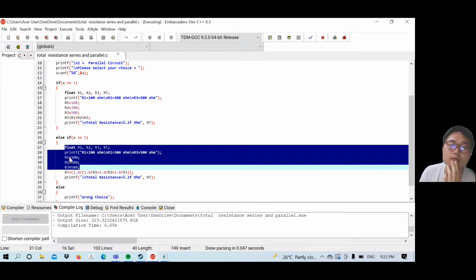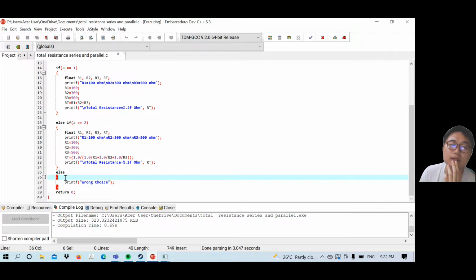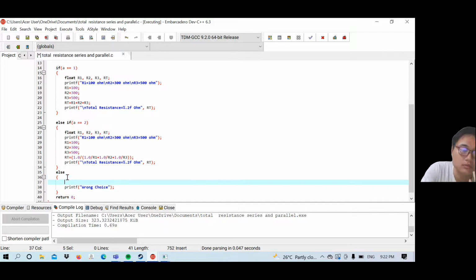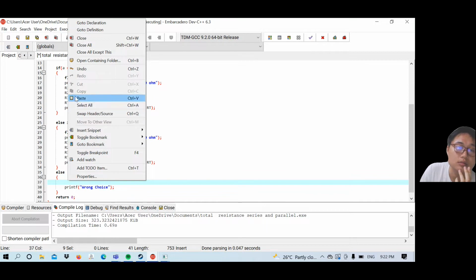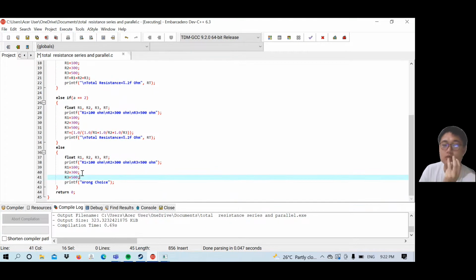I realized that I also have to print something out. So in else I also put the value of the resistors for display and value calculation, but this one's actually a wrong choice, so I don't need to do the addition or division to get the total resistance.